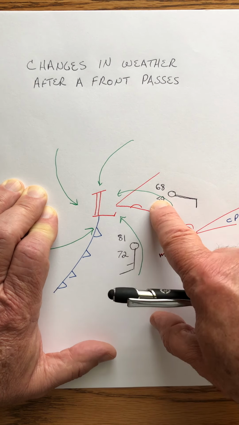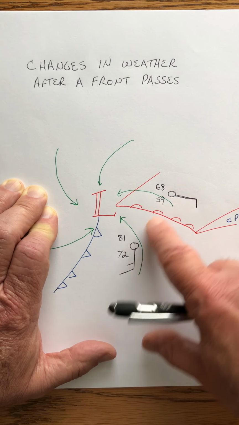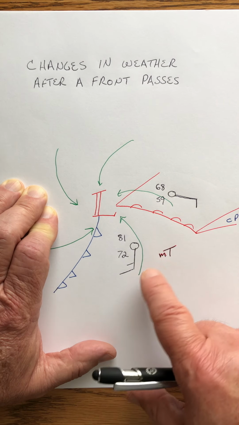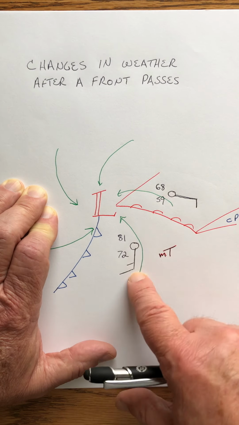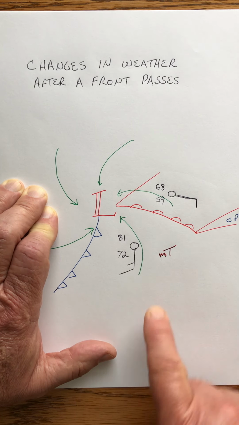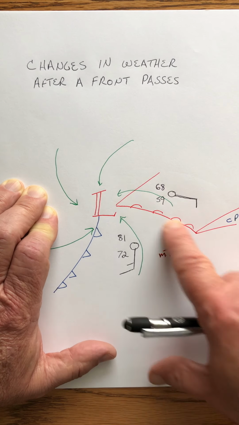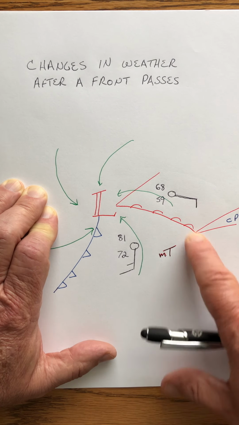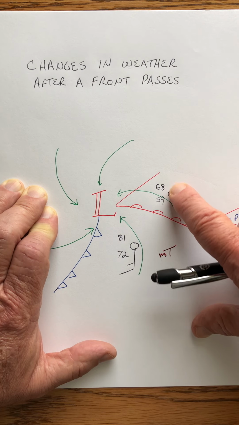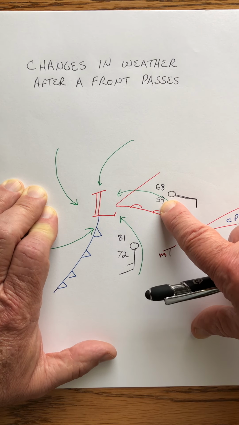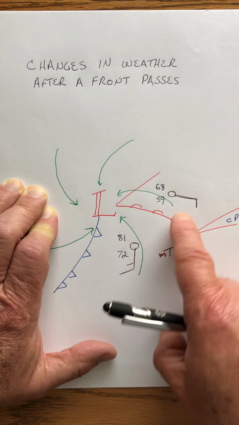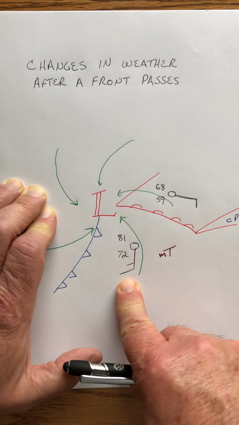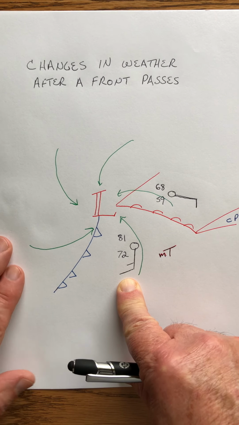It's going to get more humid, and the wind is going to change direction from an easterly component to a southerly component. So once again, when a warm front passes your location, temperatures are going to increase, the air is going to get more humid, as represented by an increase in the dew point temperature, and winds are going to shift from an easterly component to a southerly component.